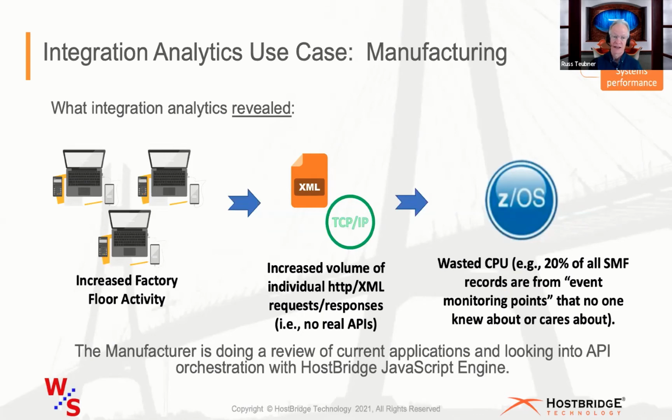But the second thing that was kind of news to all of us, and frankly, I almost kind of hated telling them about it. And well, I didn't hate it. I mean, I'm glad I could do it, but it's the first time I've seen this in a long time. We were able to detect that literally 20% of all their SMF records, all their SMF 110s, were being generated by what we call user event monitoring points that someone defined maybe a decade ago, maybe more.